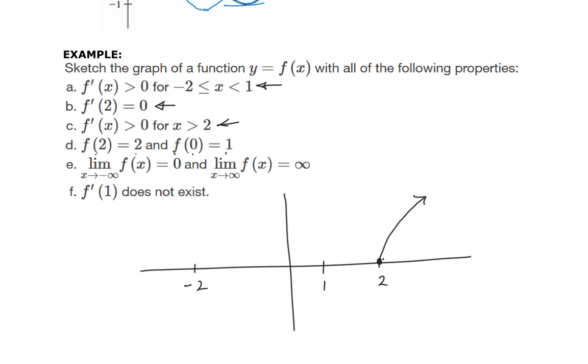I just need to be above it. So maybe it's going to look something like this, inclusive. So we don't know anything between 1 and 2. So I'm going to assume it implies that we are below the x-axis because it doesn't say we're above it, so we must be below the x-axis in this region.